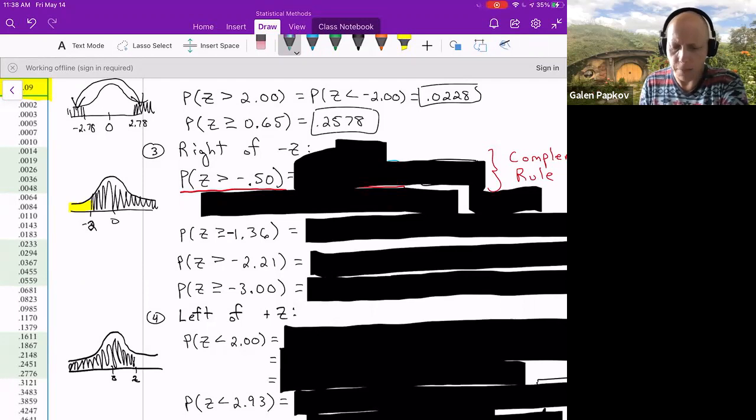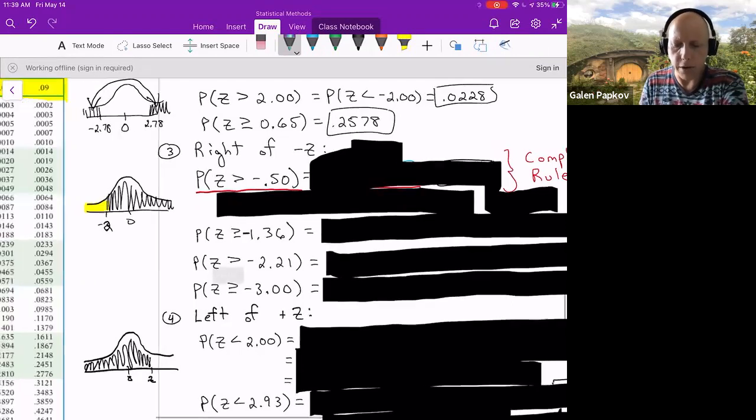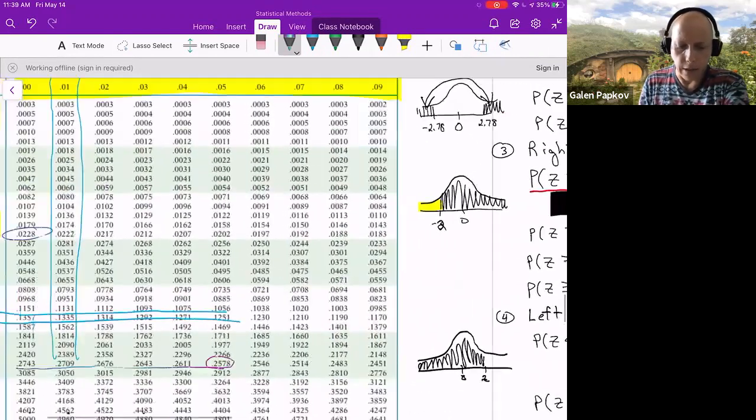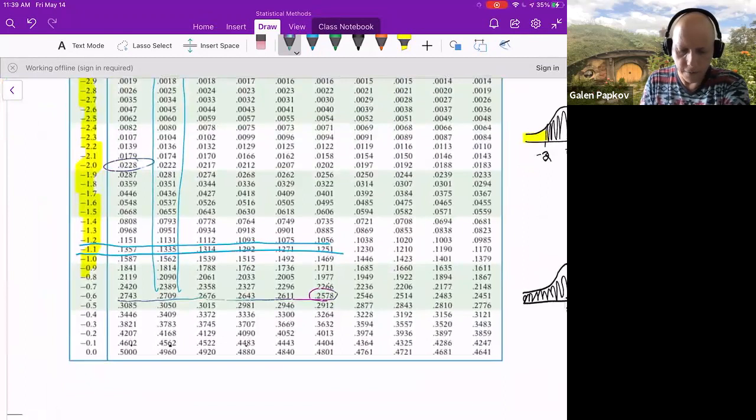So now we want the probability that z is greater than negative 0.5. Well, less than negative 0.5 would be 0.3085.